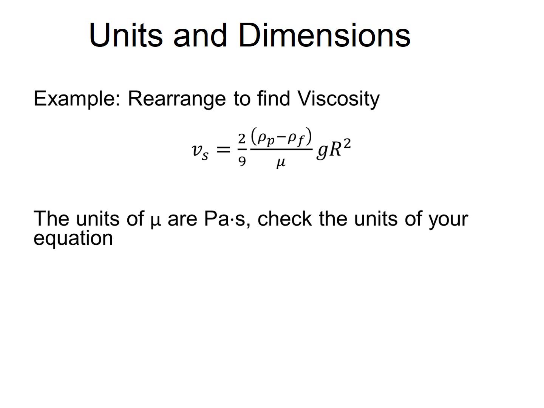Does anybody know what a Pascal is? A Pascal is actually a unit of pressure, so it's force per unit area. Do you know what the unit of force is? The Newton. So we've got newtons per metre squared.